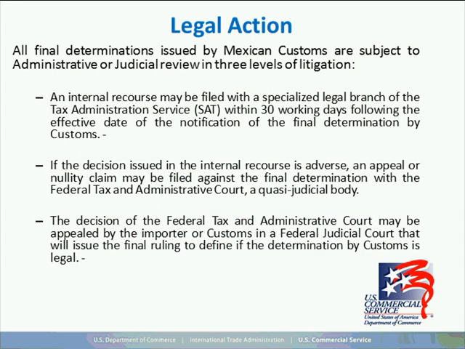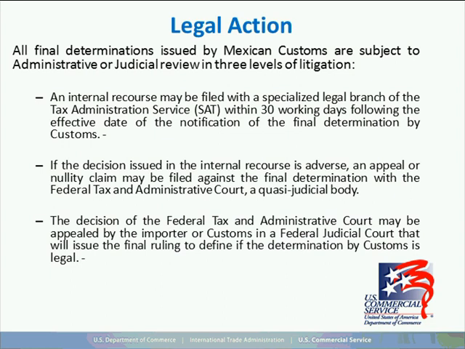It's important to note that this court is not part of the judicial branch. It's part of the administrative branch that depends on the President of Mexico, even though they're clearly independent and they have no way of being involved with Customs in the ruling. So it's the best option for litigation.